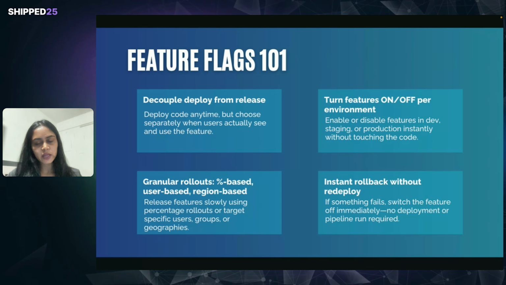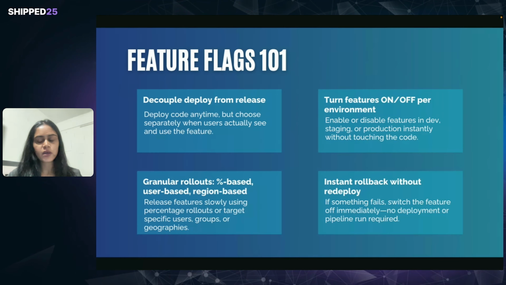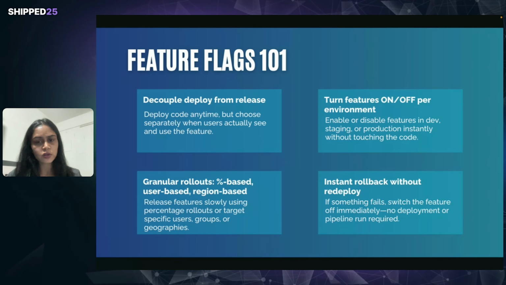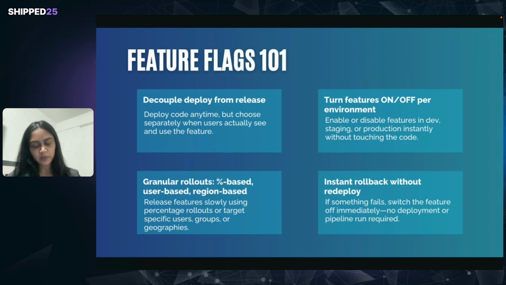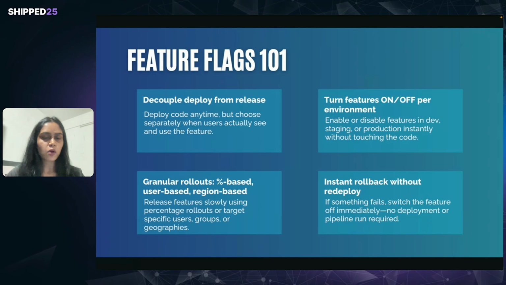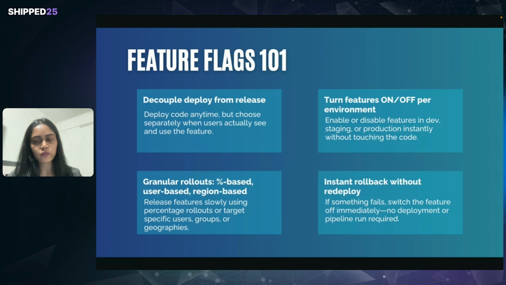Flags are going to make your deployments very safe, the experimentation process very easy, and the debugging very fast. It's simply like having remote controls for your own software, with complete ownership and complete freedom. So this is all about feature flags.